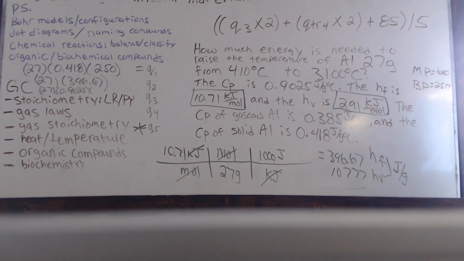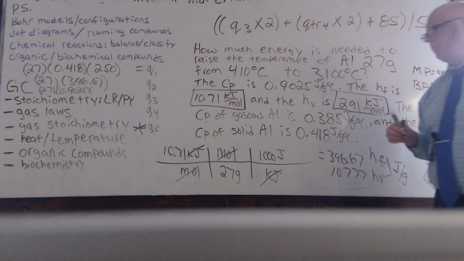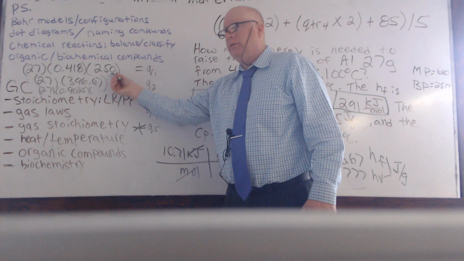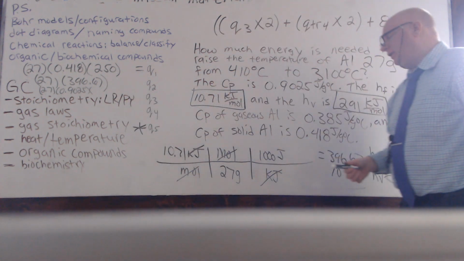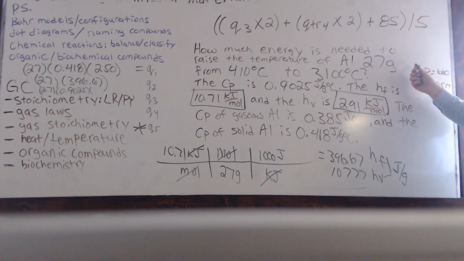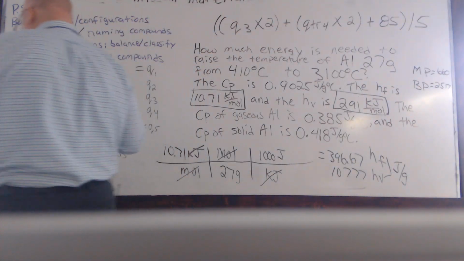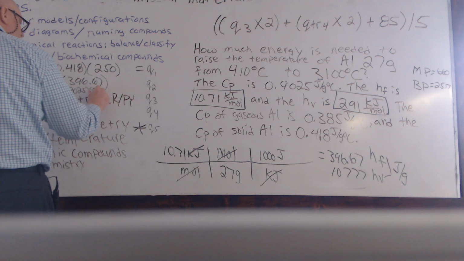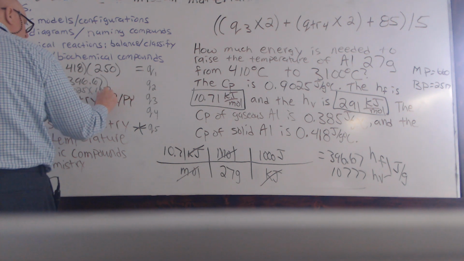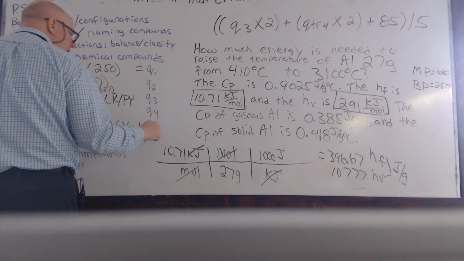Close. In step 3, how do we get a change in temperature like we did here? You take your melting point and subtract it from your boiling point, so 2517 minus 660, which is 1857. That gives you Q3.